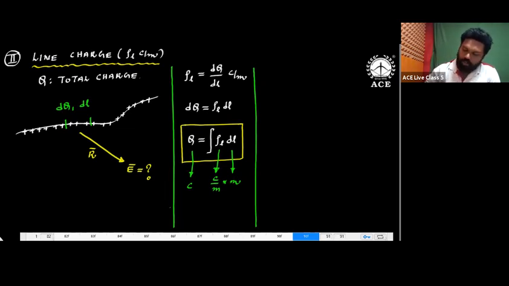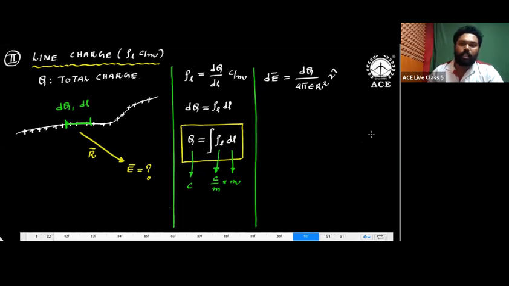What I will do, I will find out the electric field due to the small piece of length. That is, dE is equal to dq by 4 pi epsilon r square into r cap.